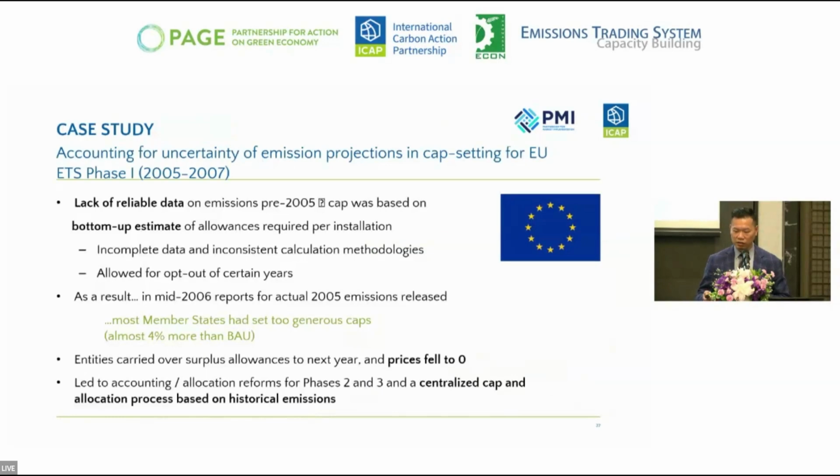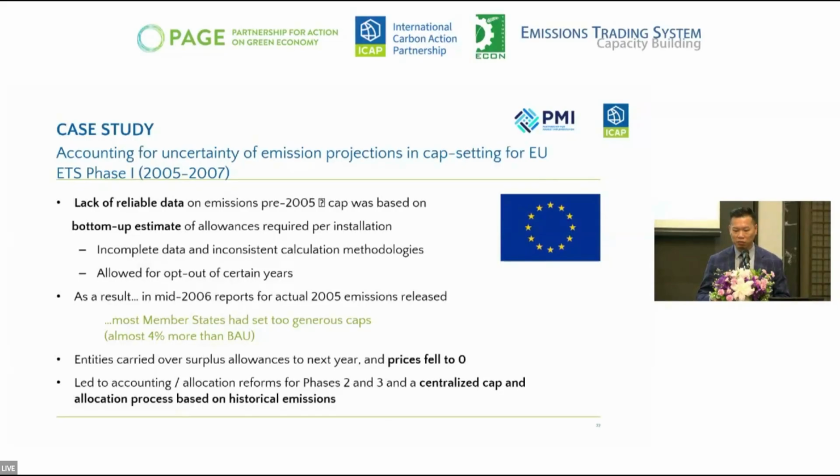Like I said, the EU didn't have reliable data before 2005, so it was a bottom-up estimation of allowances. Then after the verification, all the member states found out that actually they had estimated too much. The companies actually didn't emit that much.